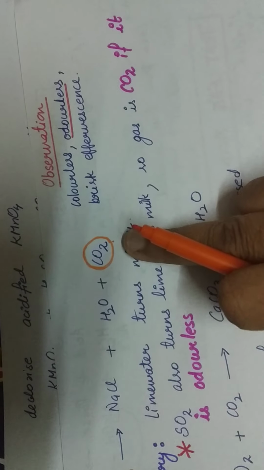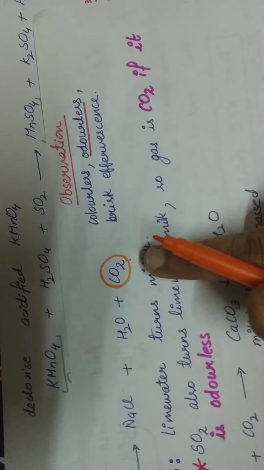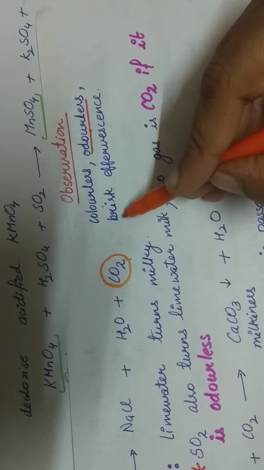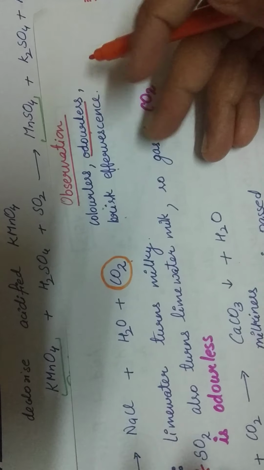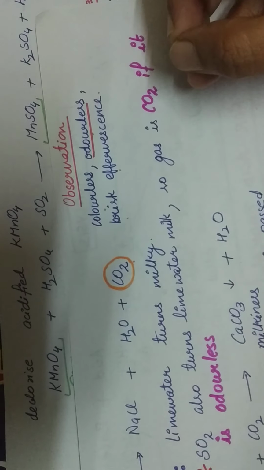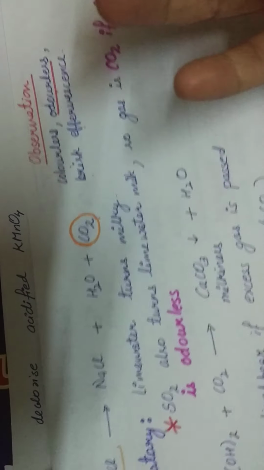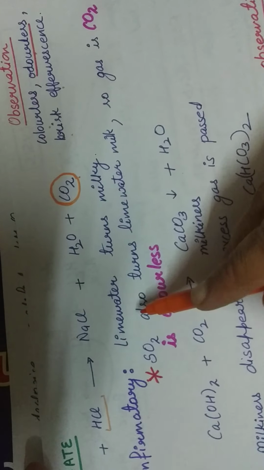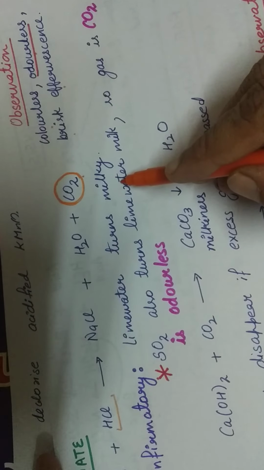Now how can we find out that the gas is carbon dioxide? The observations are: it is colorless, odorless, that is, no smell is there, and brisk effervescence, bubbles, are formed with speed. The confirmatory test for carbon dioxide is that it turns lime water milky.